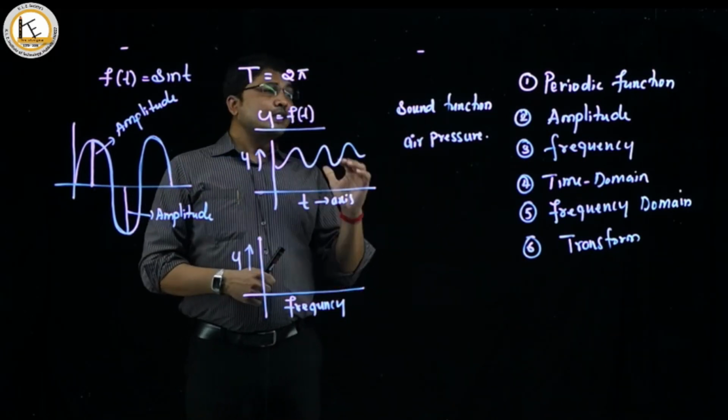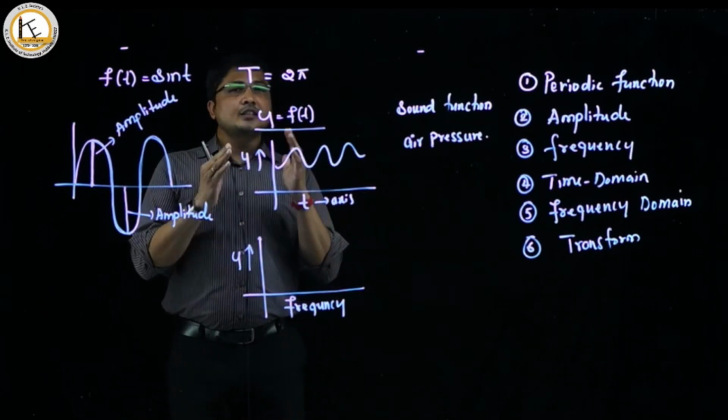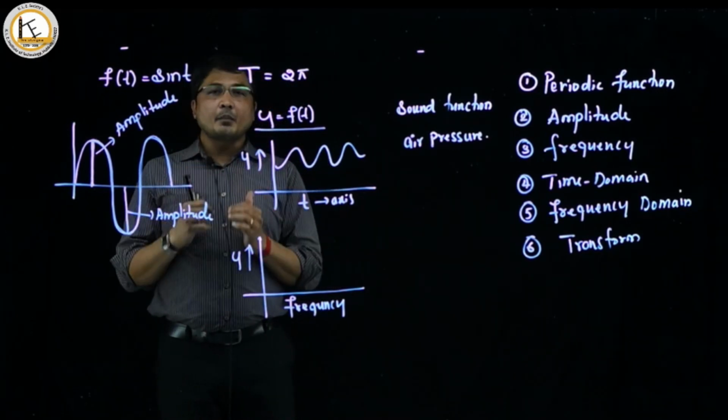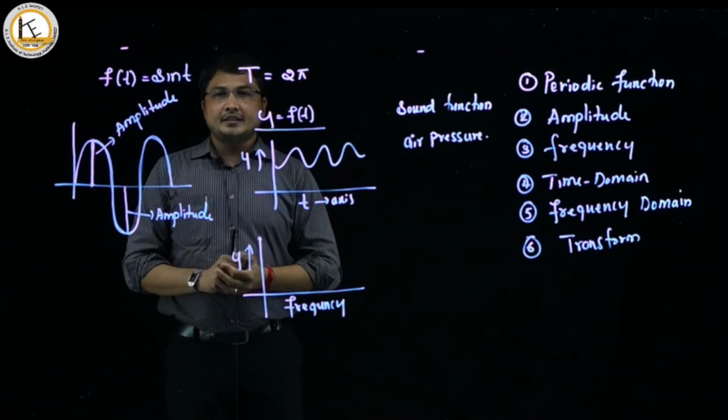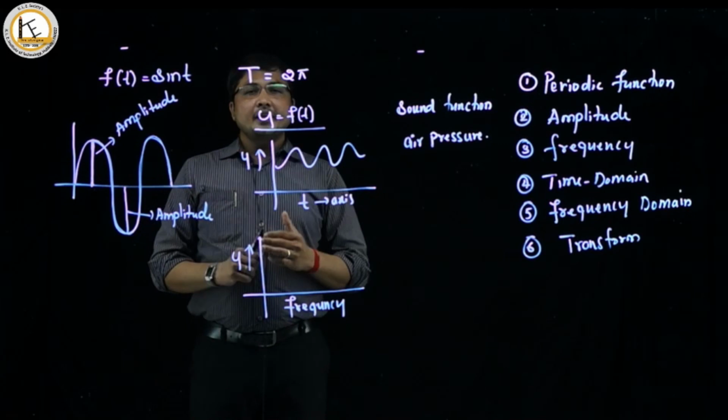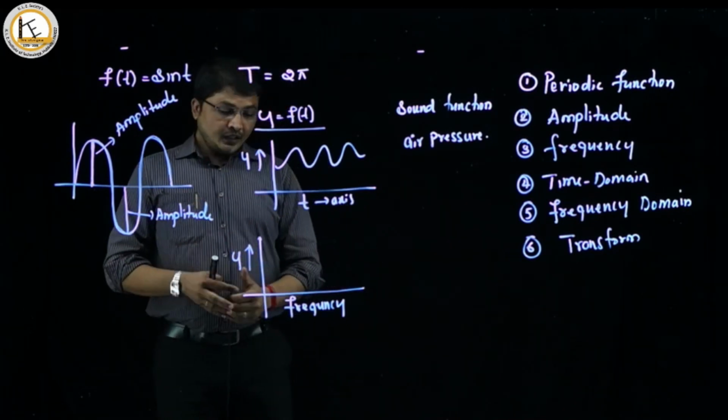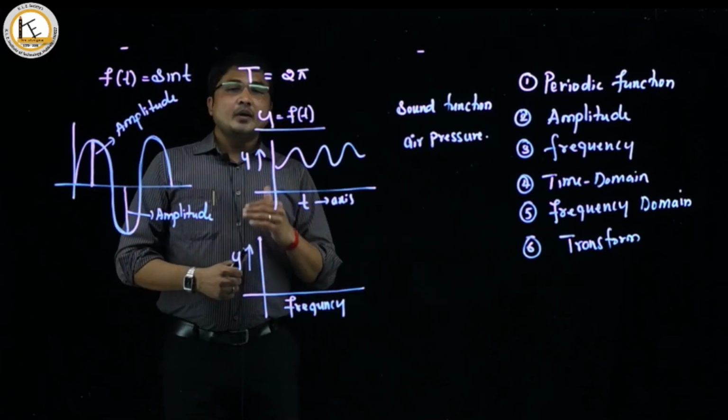What is the time domain? Time domain means we study how the properties of a given function change as time passes. But in the frequency domain, what we study is what the property will be at particular frequencies.